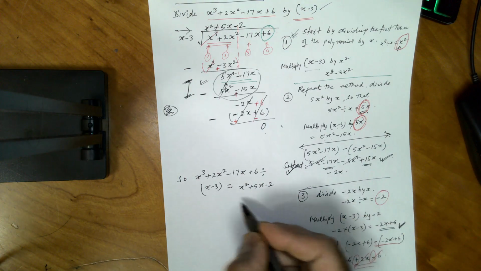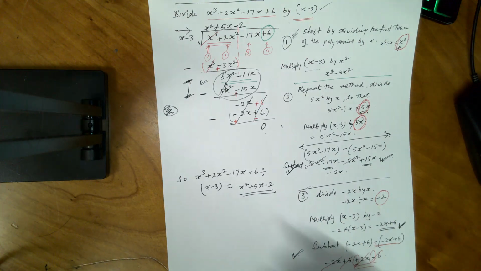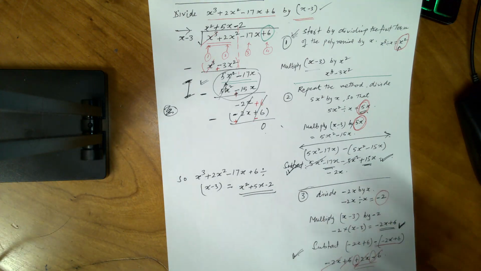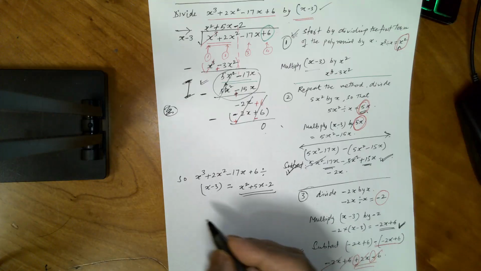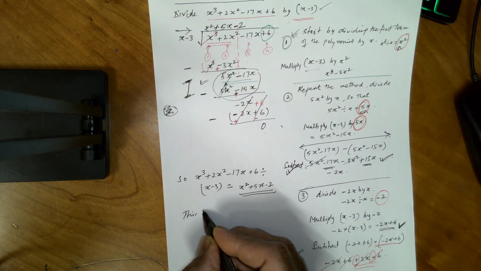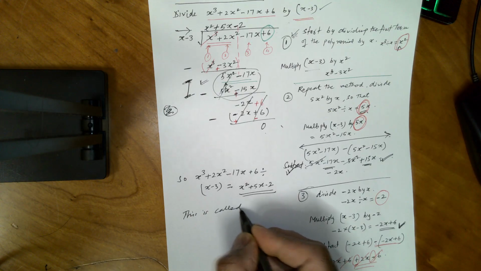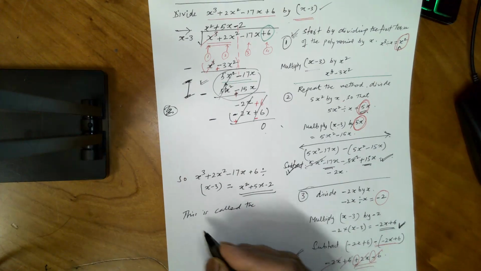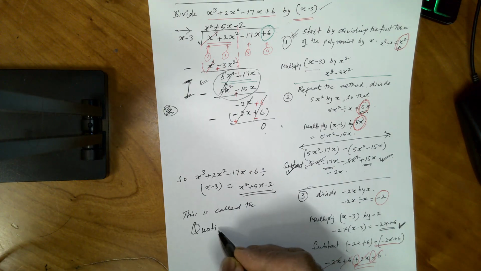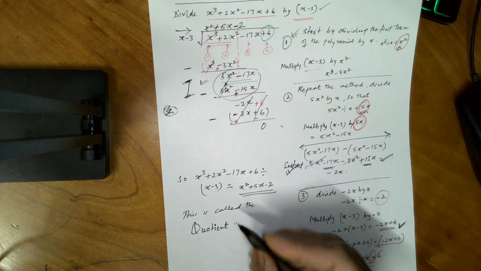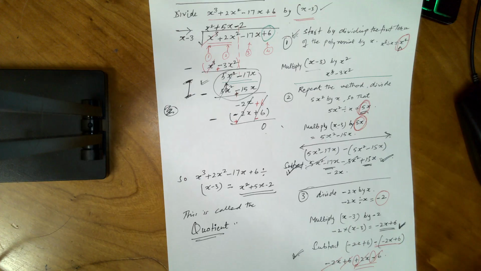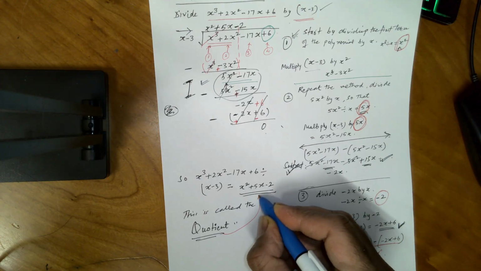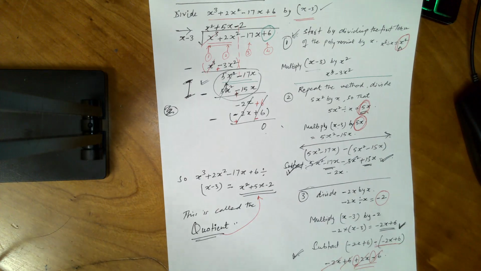It's not like your normal division, so this is called the quotient, and you need to write it down.